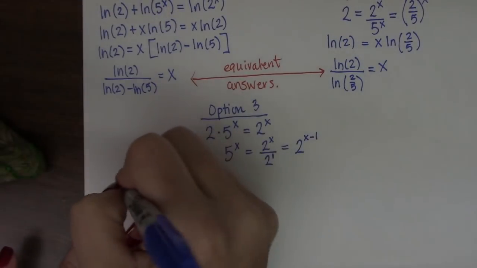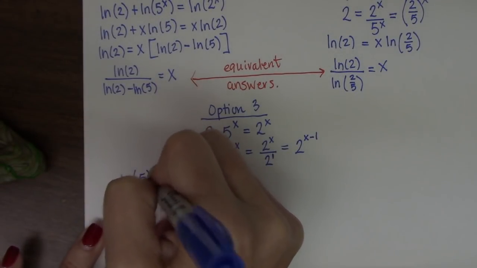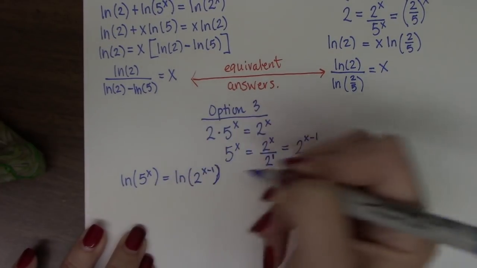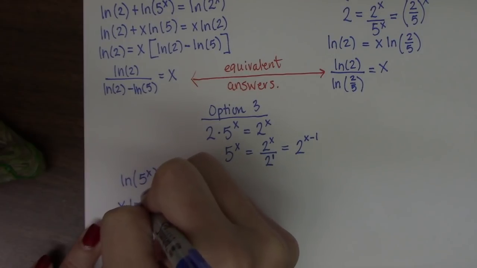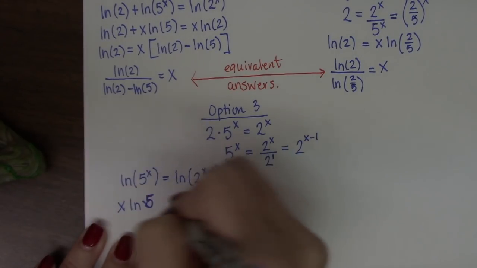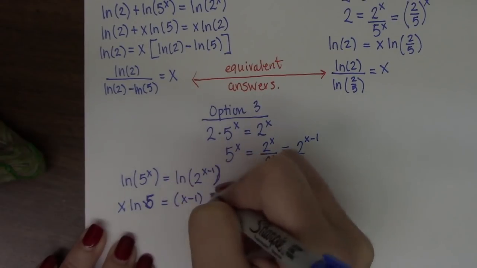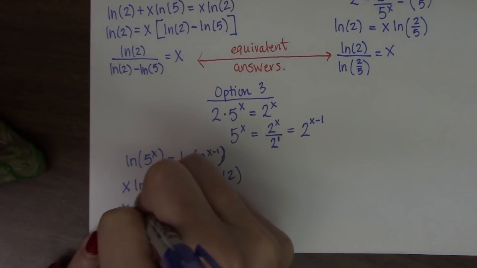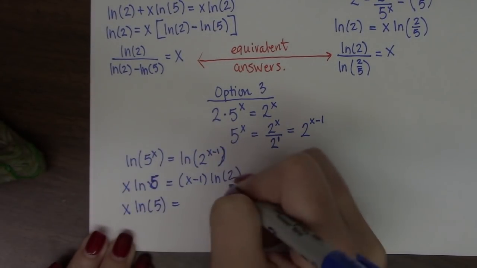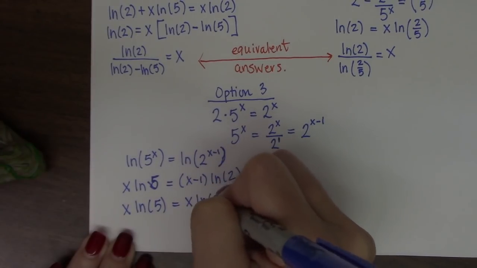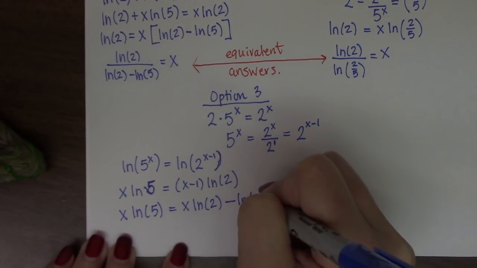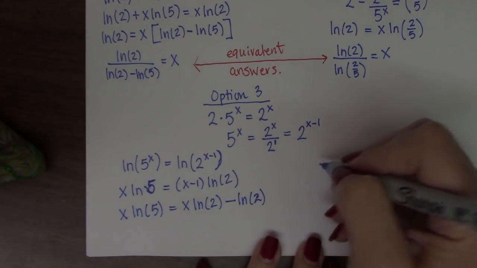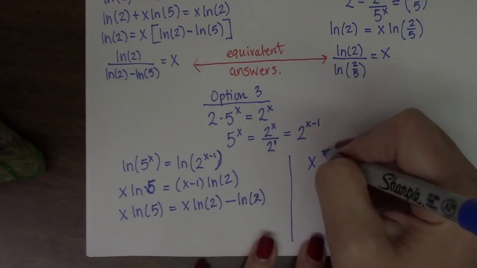So if I take the natural log of both sides now, then I get x natural log of 5 equals x minus 1 natural log of 2. I'm going to distribute the natural log of 2 on the right side, and I'm going to put everything with an x on the left.